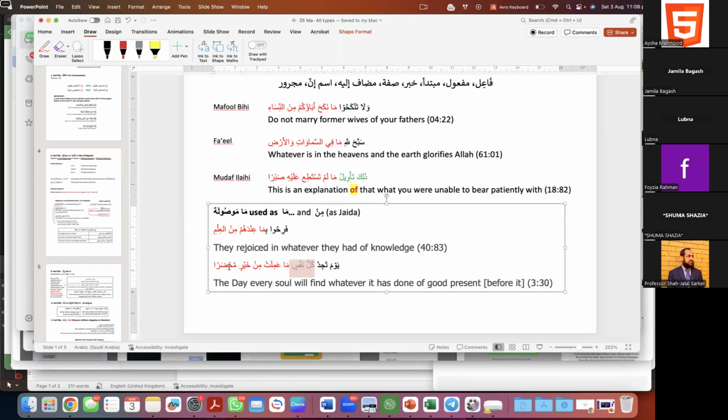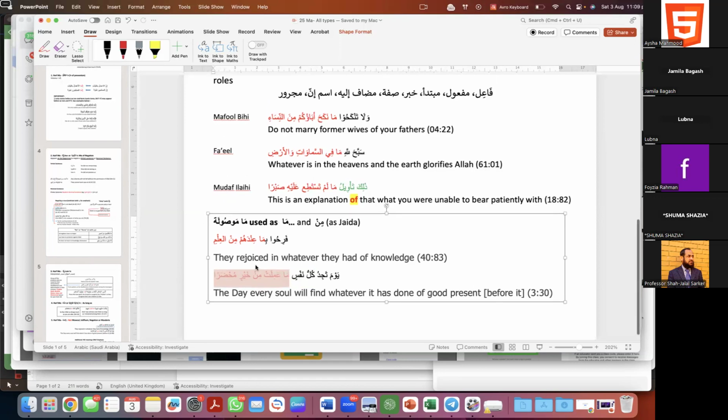So the main point is ma, and if we use this context, this whole Jumlatul Mausul. Yawma tajidu kullu nafsin. On the day everyone will find what? Maf'ul bihi.